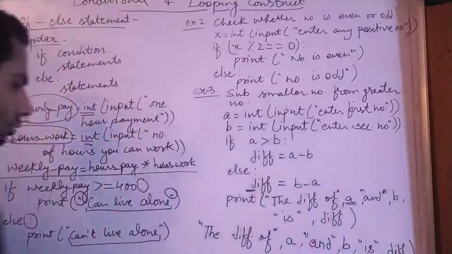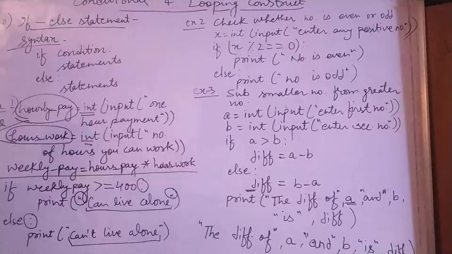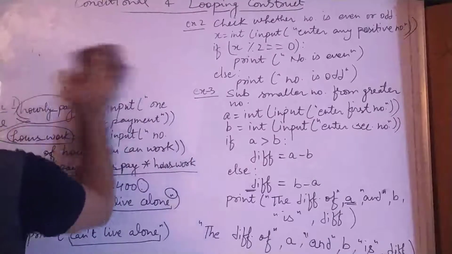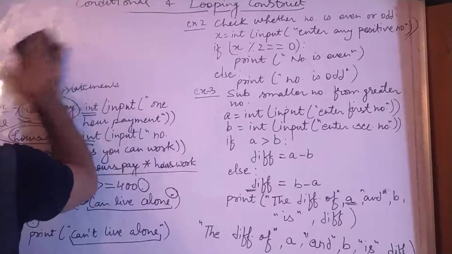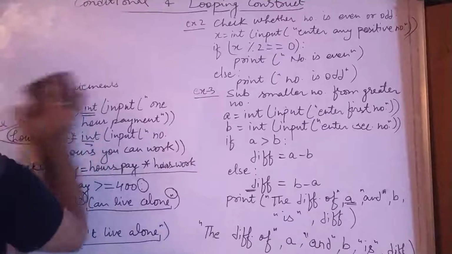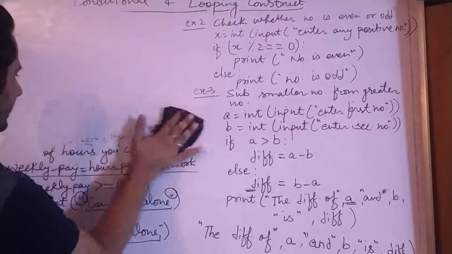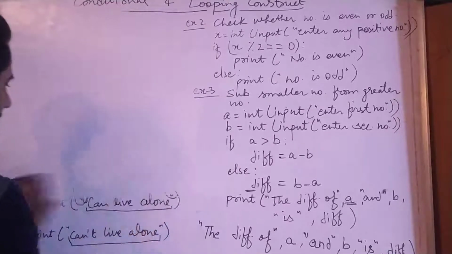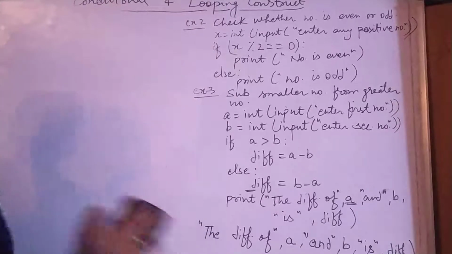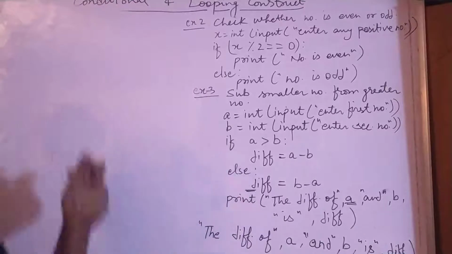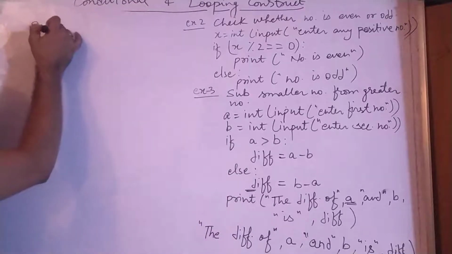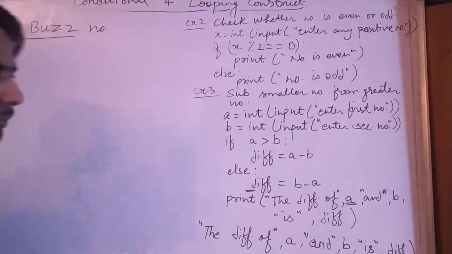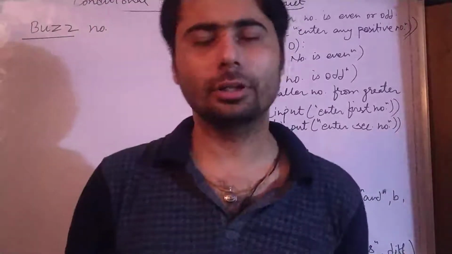Okay, इसको कॉन्सेप्ट को थोड़ा सा हम देख लेते हैं कि बज नंबर क्या है. You should be clear about the concept of the buzz number. What is a buzz number? Okay, I said to check whether the given number is a buzz number or not.